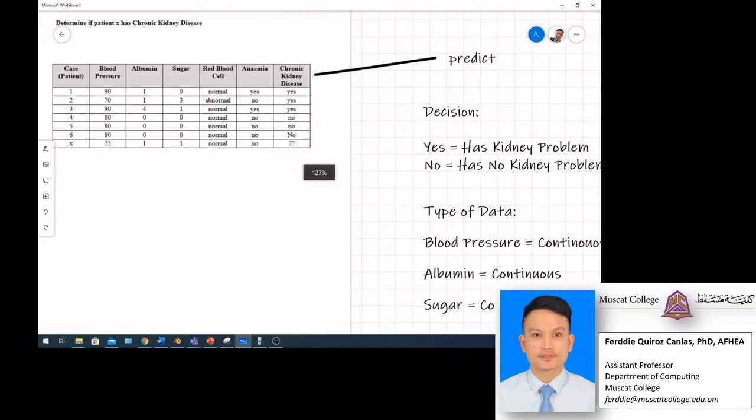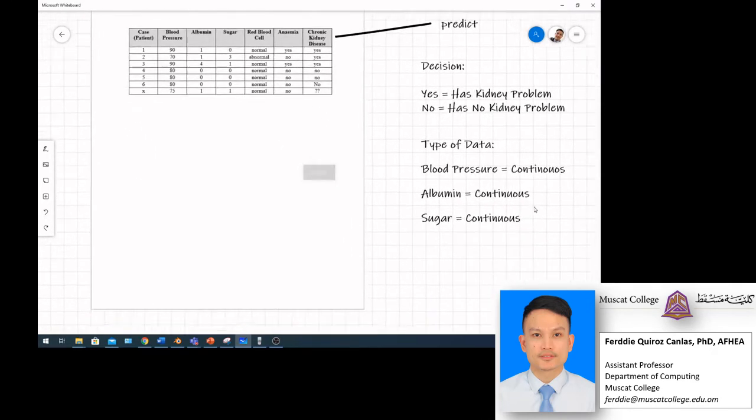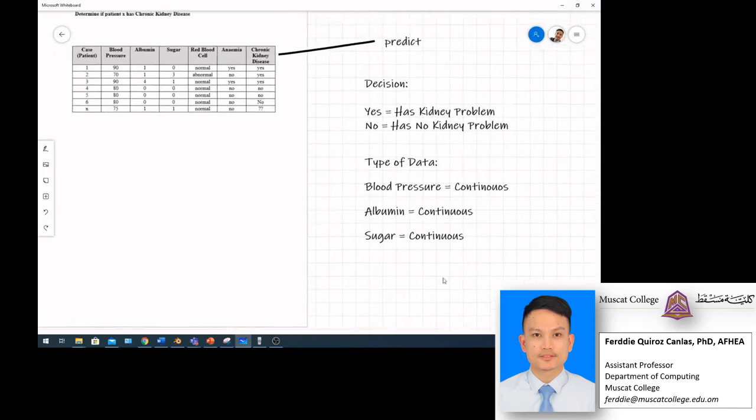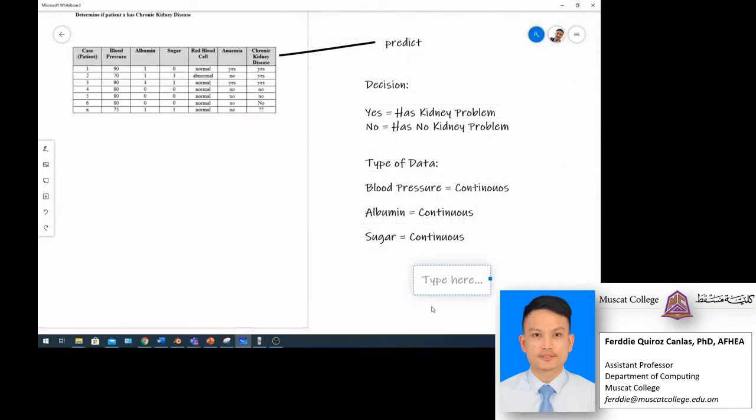So how about the red blood cells? What kind of data are we working with for red blood cells? It is discrete, right? Because it's represented with non-numeric values. So discrete in a sense, either normal or abnormal. So we only have two measures here for the red blood cells.